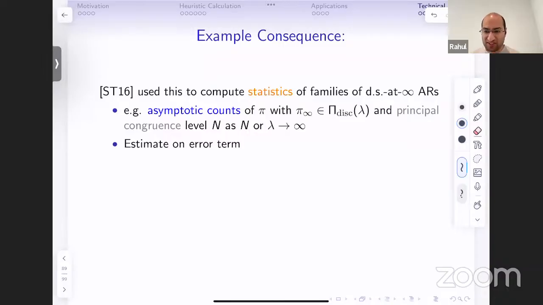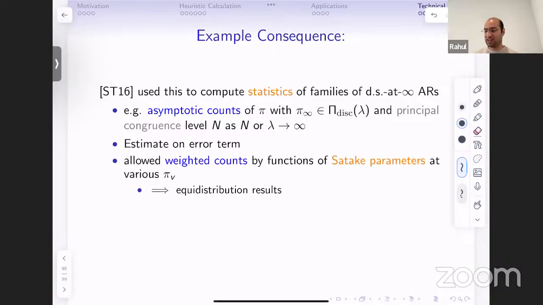So this formula was good enough that you don't even get just the main term, you also get an estimate on the error term. Not only do you get these statistics, you can weight these statistics by parameters of the automorphic representations at other places.